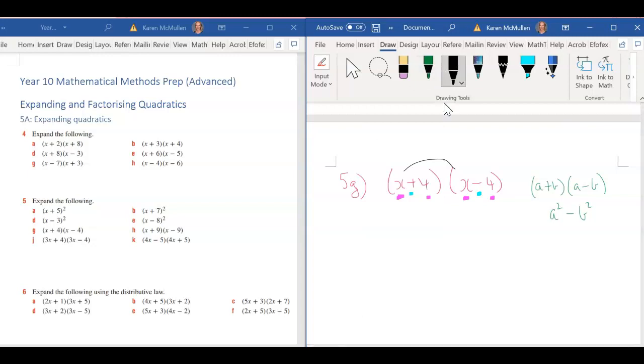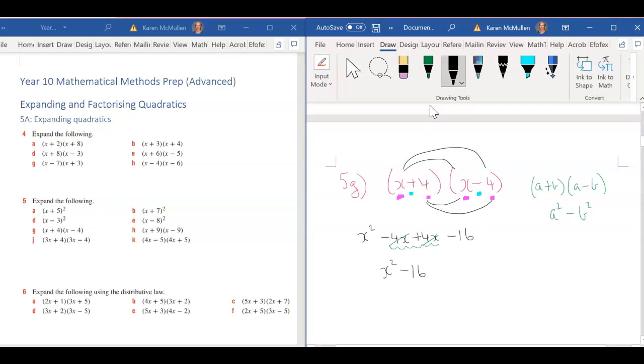So let's use FOIL because FOIL will work for anything. x times x is x squared. Then we've got minus 4x plus 4x, minus 4 times 4, which is 16. Now you'll notice here in the middle, negative 4x plus 4x, they actually cancel each other out, and we're just left with x squared minus 16.